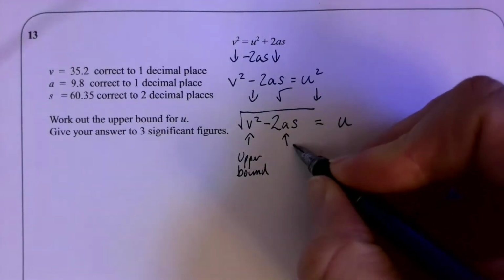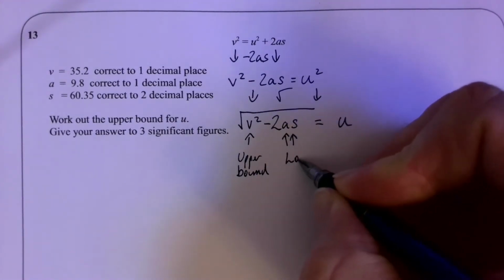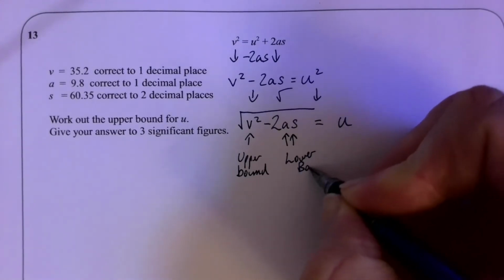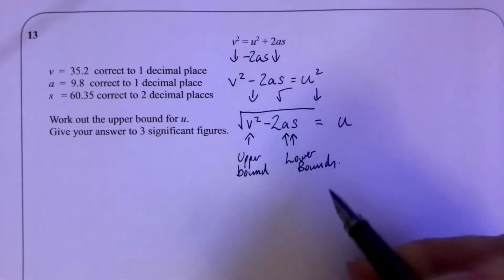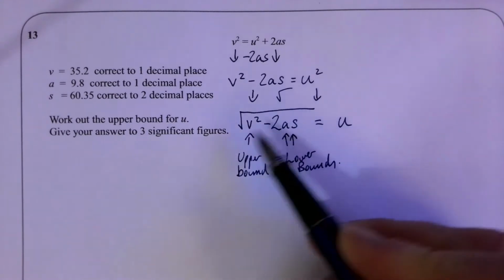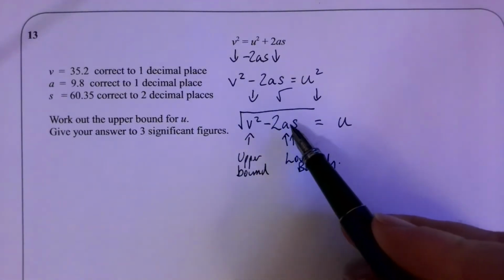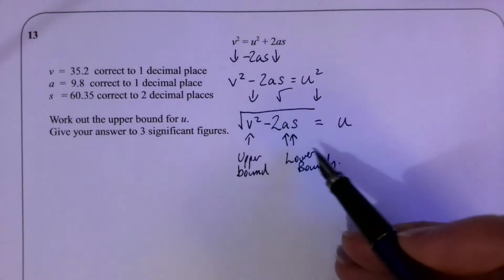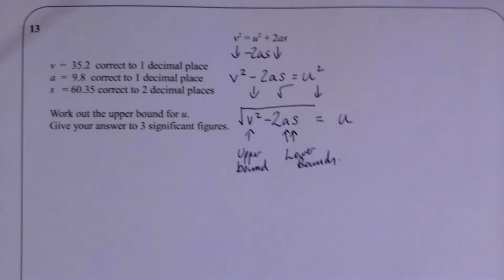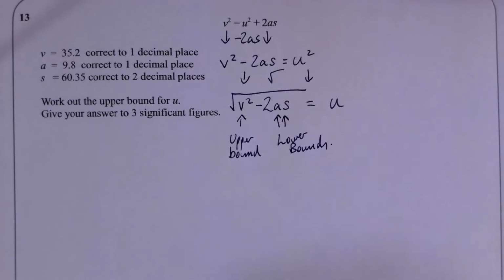So the a and s, I'm going to want lower bounds of. And there were some of you who missed that and did everything spot on, except you put your upper bounds values in for both of those. Now, if you did that, you only lost 1 mark out of 5. You don't lose 2, because it's basically 1 mistake, as long as you found the right bounds for those.